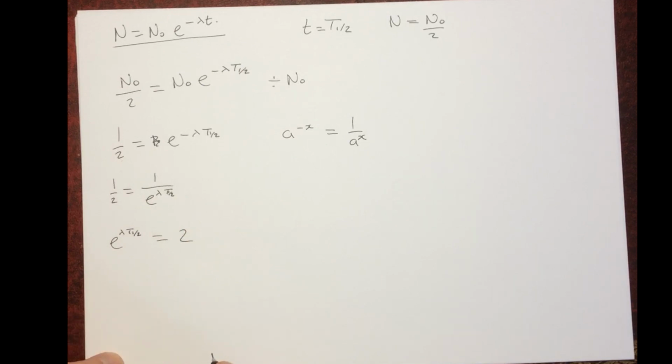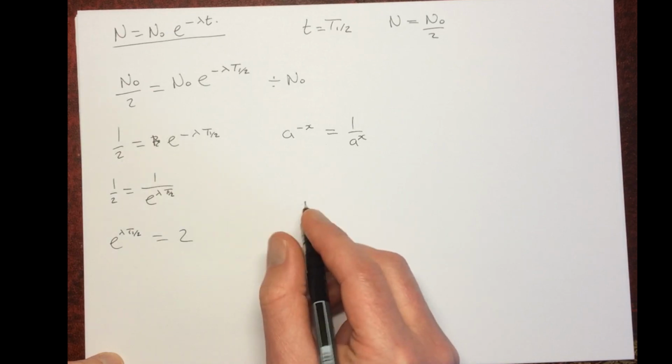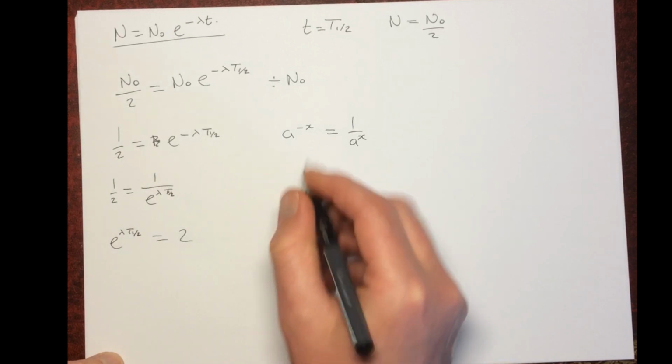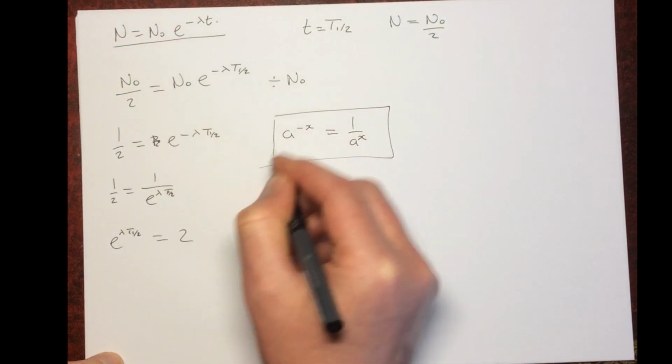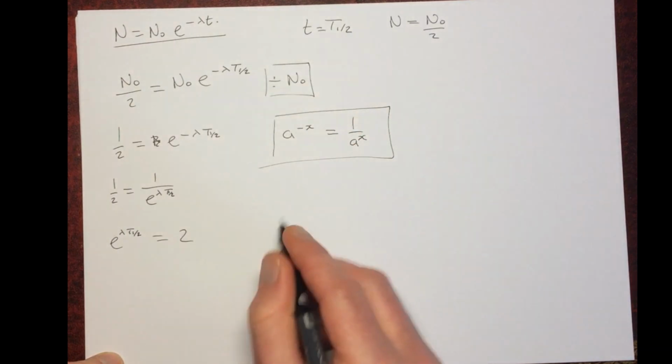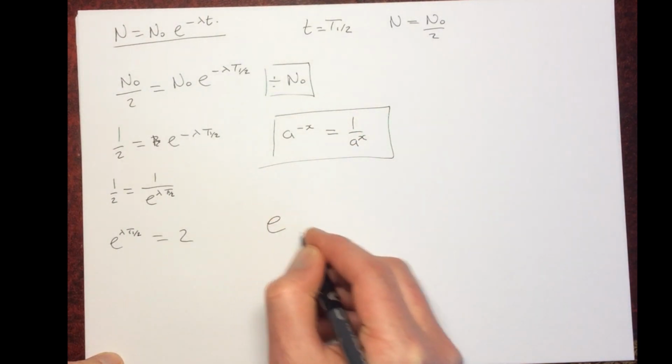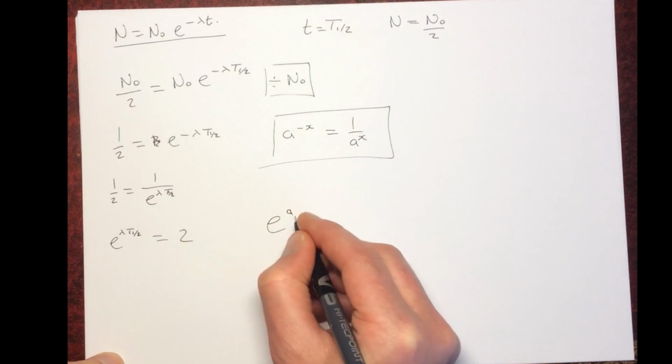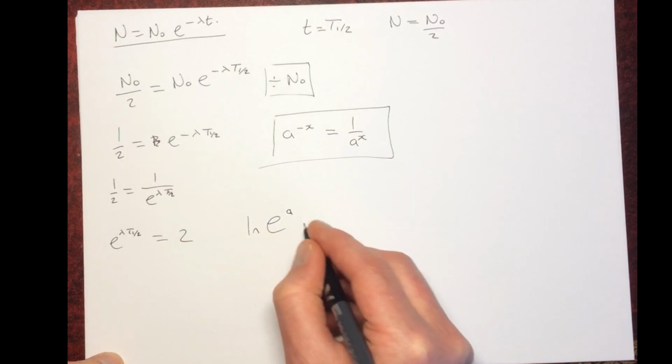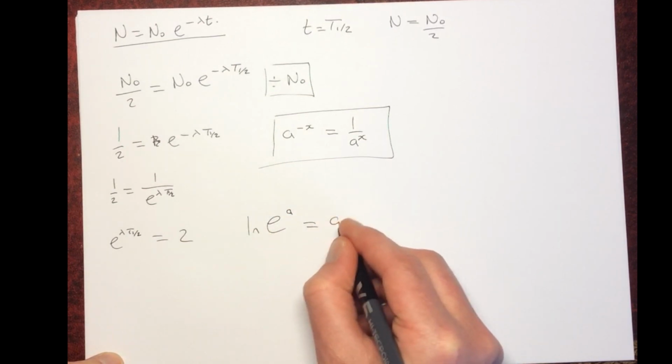And then we can natural log both sides. Now, this is important. We've seen before that the natural log of e to the power of a is equal to a.